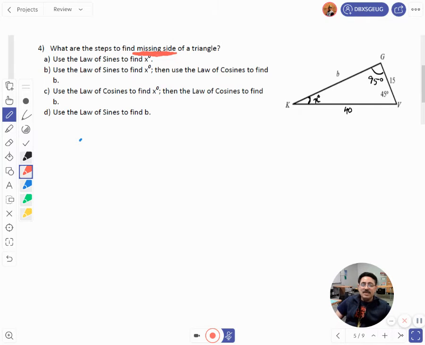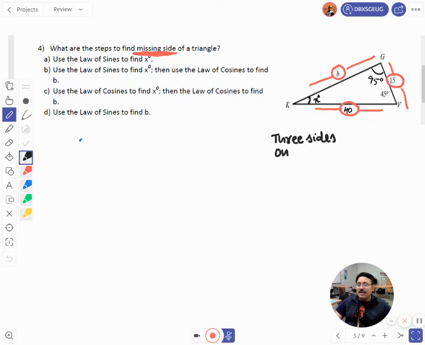So missing side means this is missing because the other two sides are given as 40 and 15. So I see that here three sides are involved while solving the problem, and the question says how will you find the missing side? So three sides, obviously one angle I have to take.